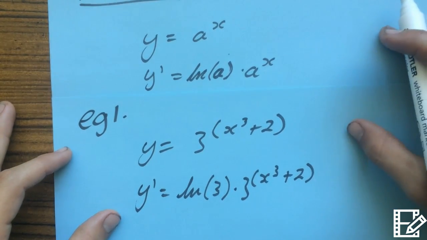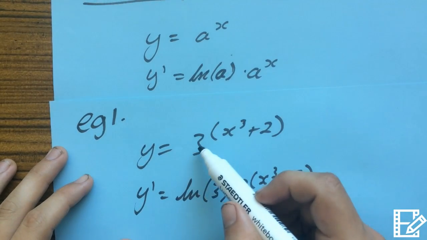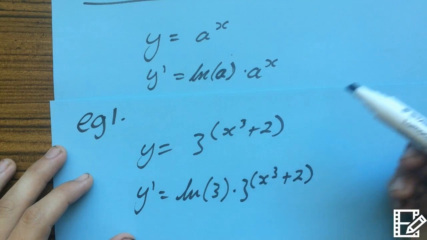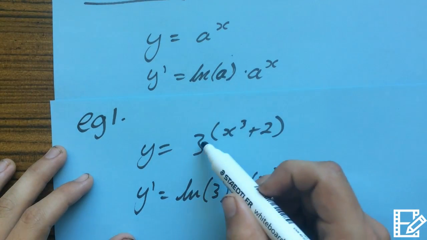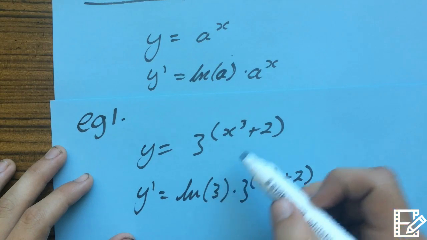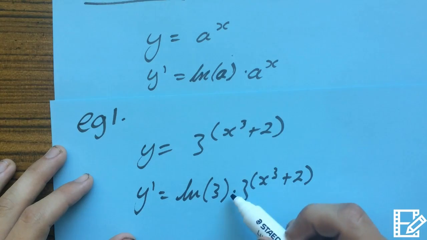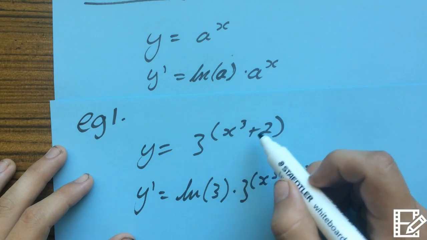You follow the same steps. There's a to the x, which is a number to the power of x. Here you have 3 to the power of a function that includes x. So you have ln a, we've done ln 3, because that's the number, and then we multiply it by a to the power of x. In this case, we multiplied it again by 3 to the power of x to the power of 3 plus 2.